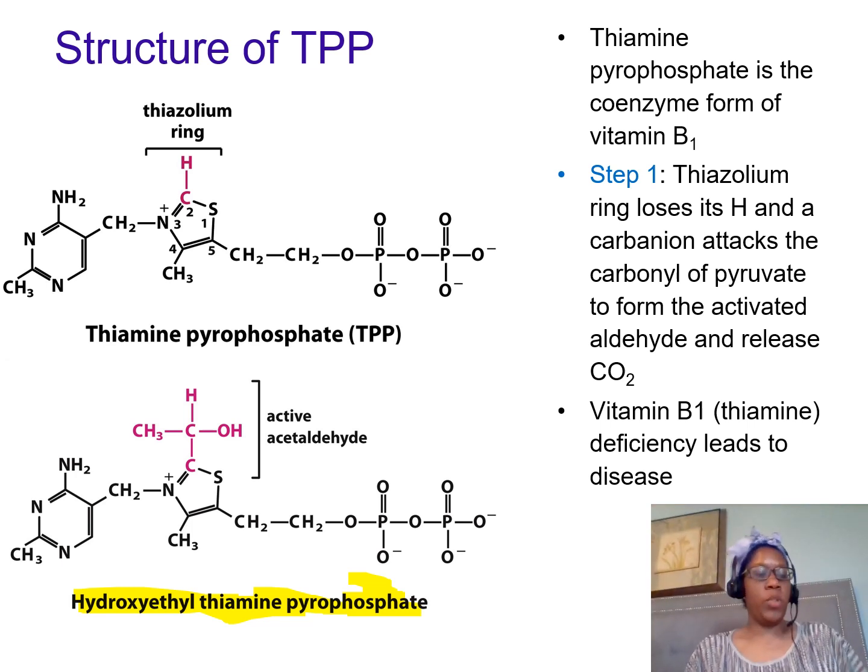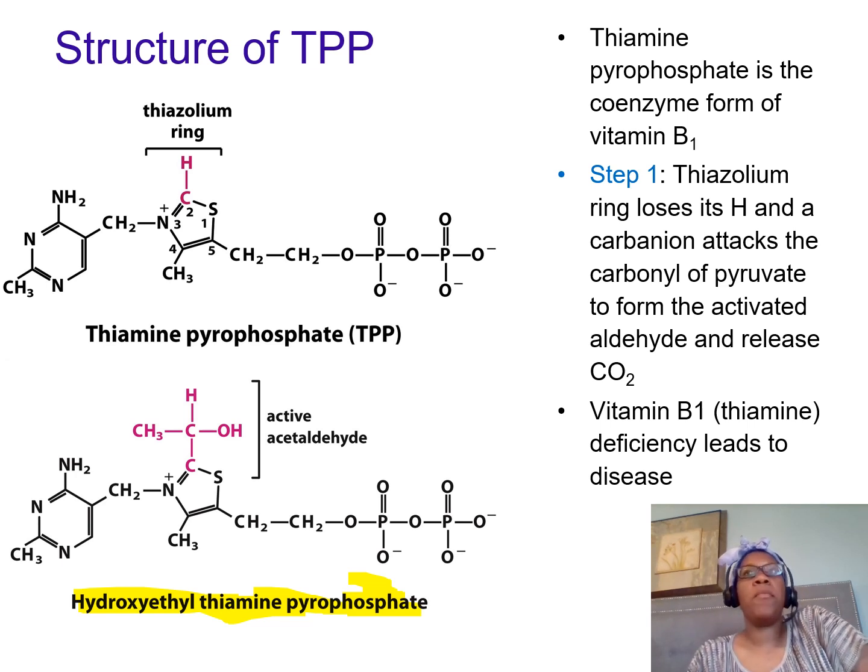So TPP, which you don't have to know the full name, but you should know TPP, is a coenzyme form of vitamin B1. So vitamin B1 is found in food, of course. It's found in whole grain, rice, and wheat and stuff like that.